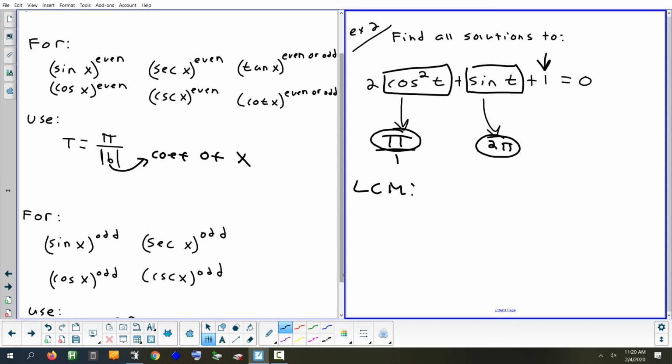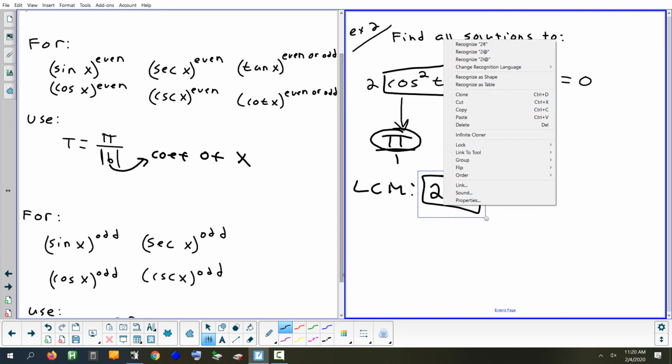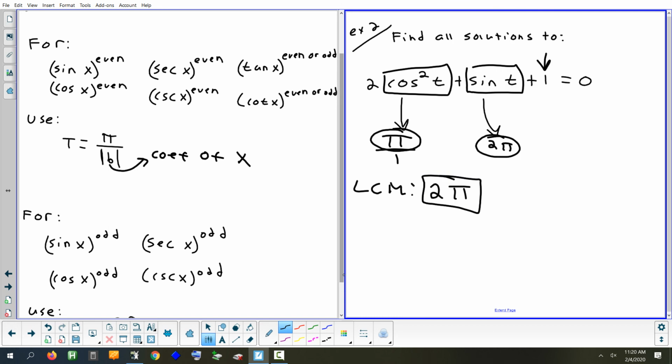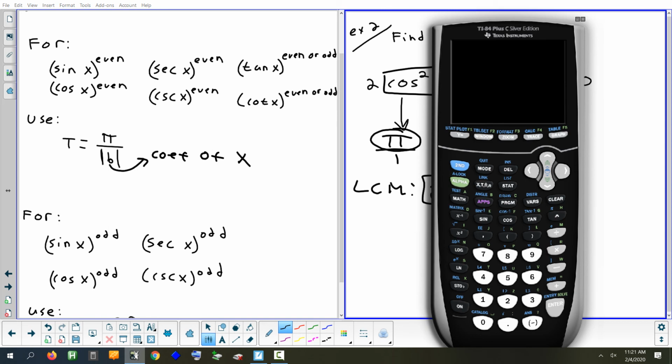Okay? It would be 2. So now, when you get your answers to this problem and you put plus the period times n, that's the period in this problem you want to use, 2 pi.